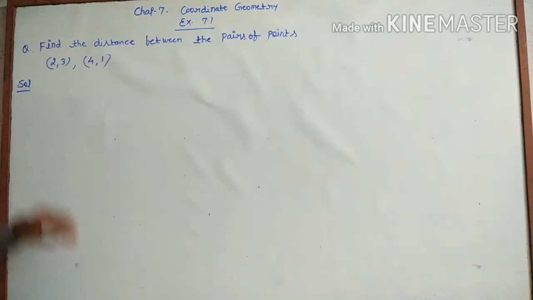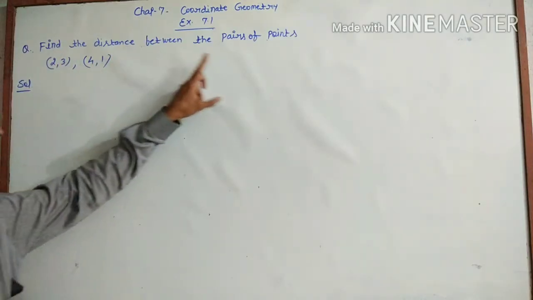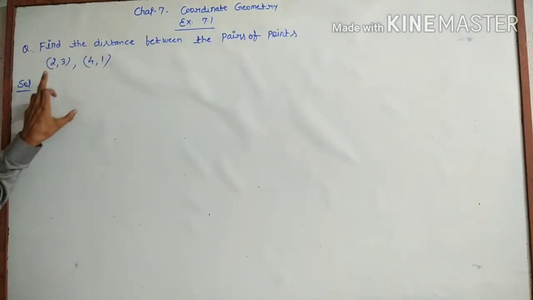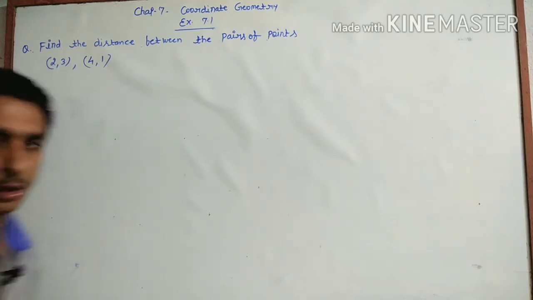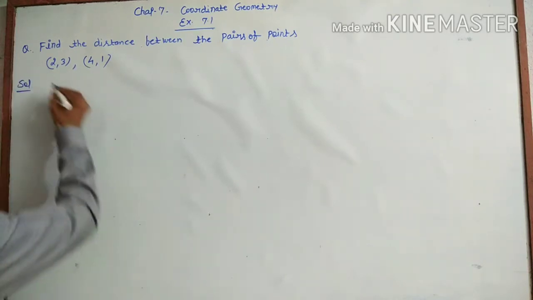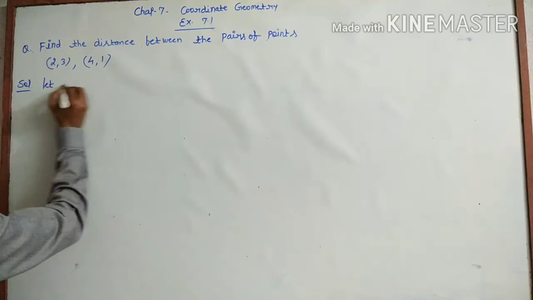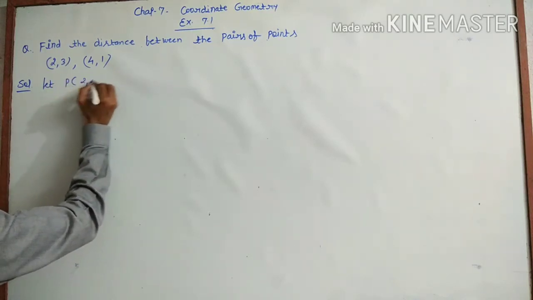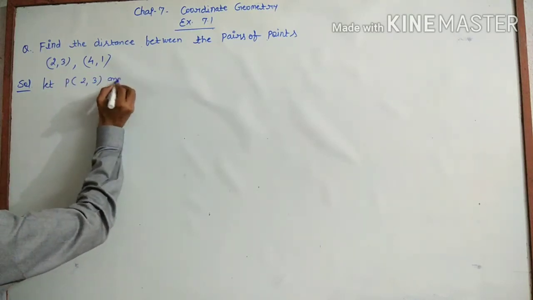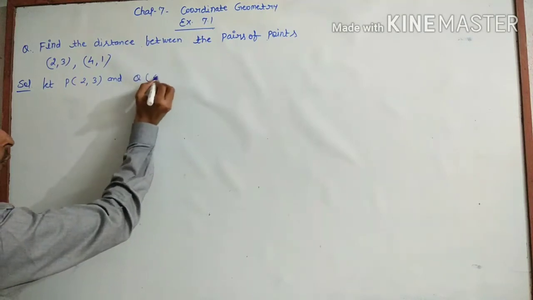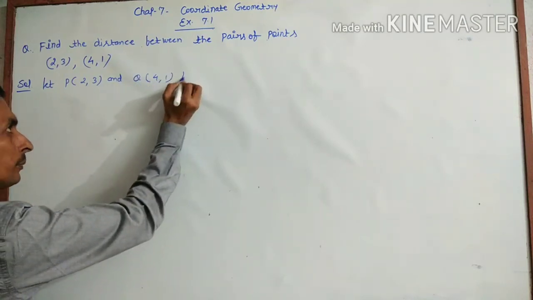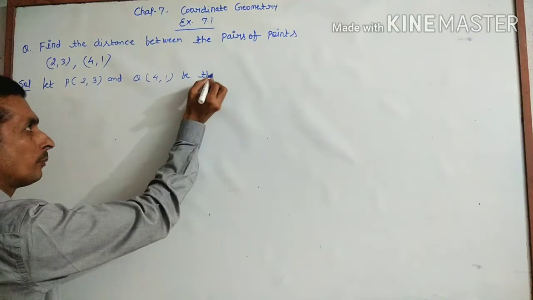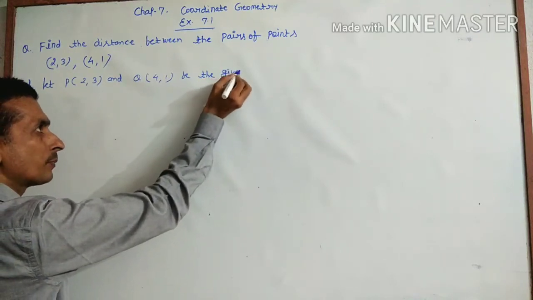Question first: find the distance between the pair of points (2, 3) and (4, 1). Solution: let P(2, 3) and Q(4, 1) be the given points.